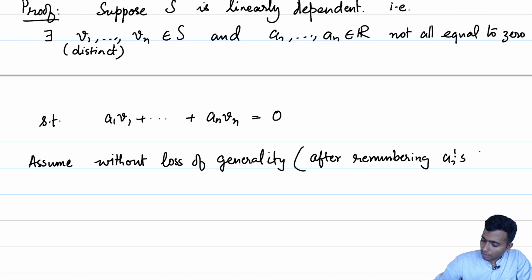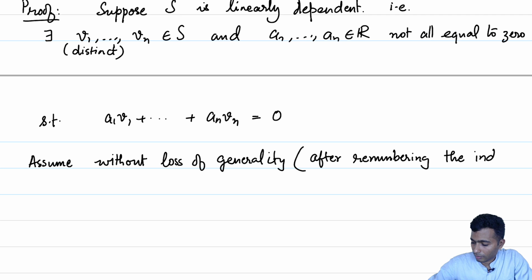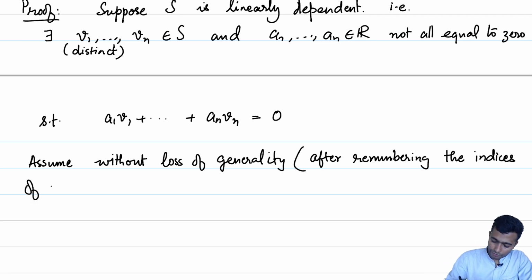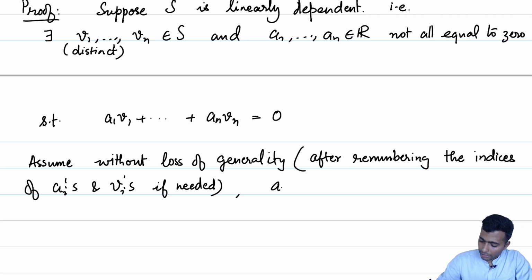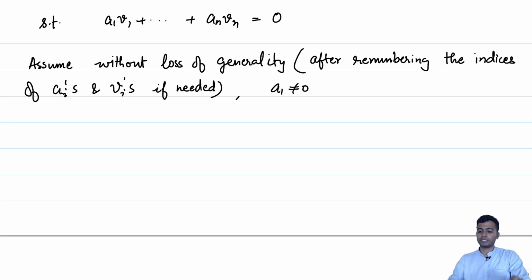Renumbering the indices might not be needed at all. After all, one of them might have been non-zero, right? Suppose aj was not 0, then let us call aj to be a1 and a1 to be aj, similarly v1 to be vj and vj to be v1. After renumbering, assume that a1 is not equal to 0.